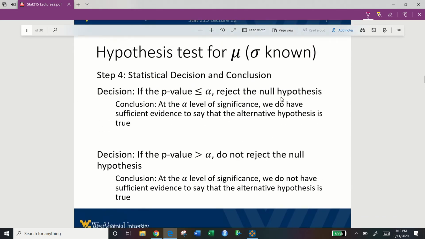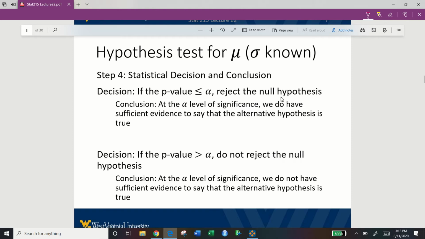Step 4, make our statistical decision and conclusion. Well, if our calculated p-value is less than or equal to alpha, we will reject the null hypothesis. And then we will follow up with the following conclusion. At the alpha level of significance, we do have sufficient evidence that the alternative hypothesis is true.